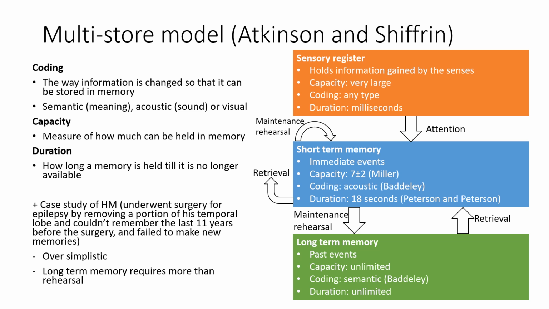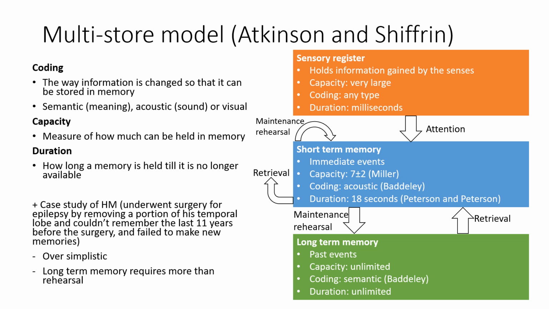I assume you'll have more details about these studies in your textbook, but if not, feel free to comment down below and I will give you more detail on it, or you can search it up online. And then to move this into the long-term memory, you need to do maintenance rehearsal. Maintenance rehearsal can also keep refreshing information in short-term memory, and to remove it from there, you just retrieve it.